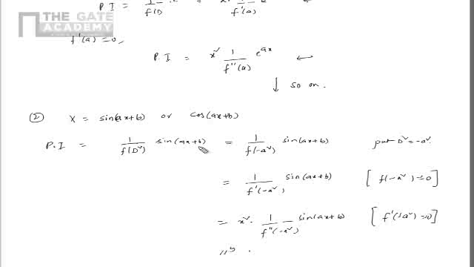Similarly it is for cos(ax+b) also. We have written here all the sine terms, but the similar thing exists for cos(ax+b) as well. So that's what you have to do.